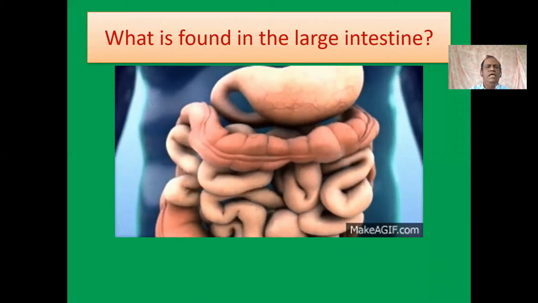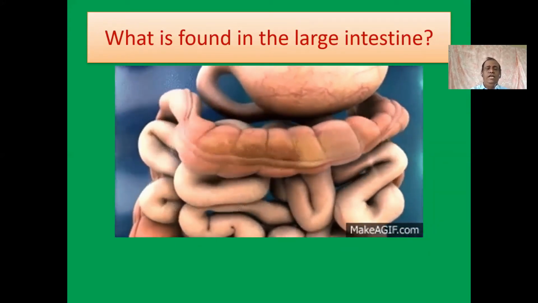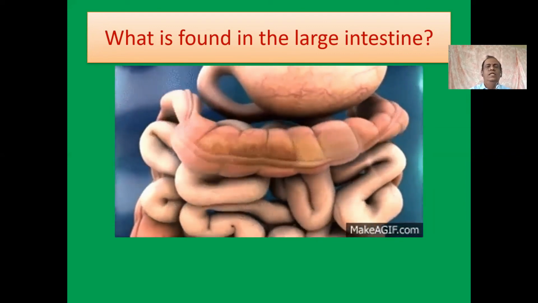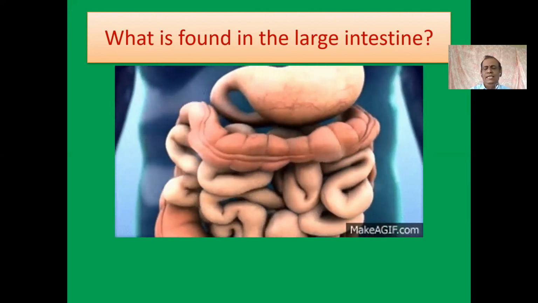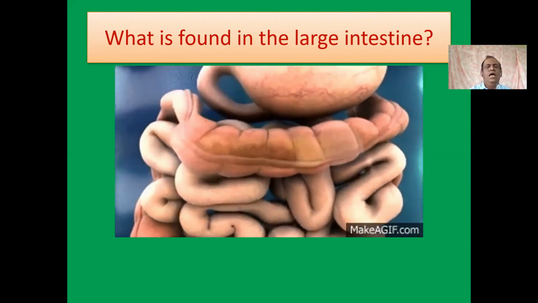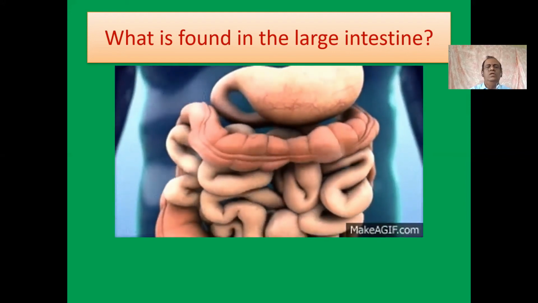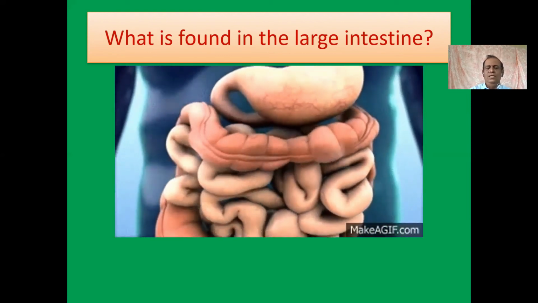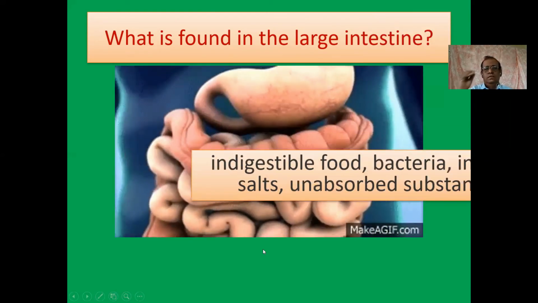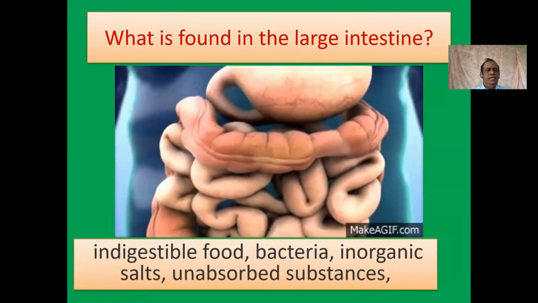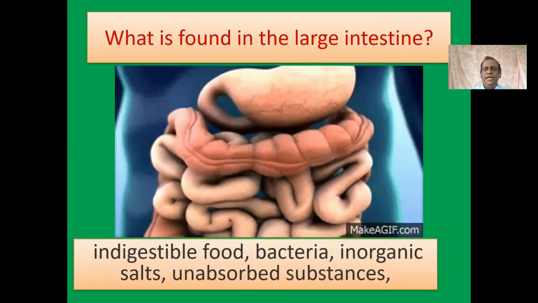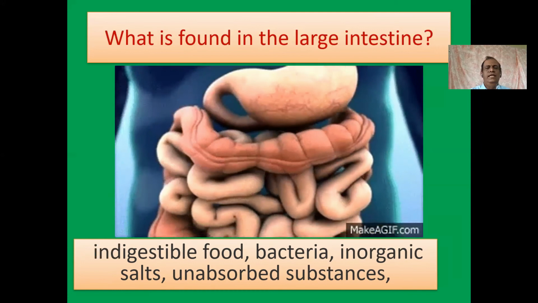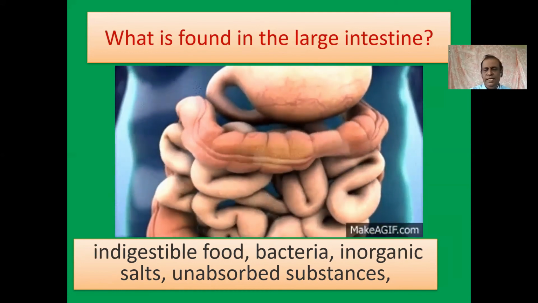Next one, what is found in the large intestine? After absorption takes place in the small intestine, the undigested material and some other materials are transferred to the large intestine. So the indigestible food, bacteria, inorganic salts, and unabsorbed substances are found in the large intestine.